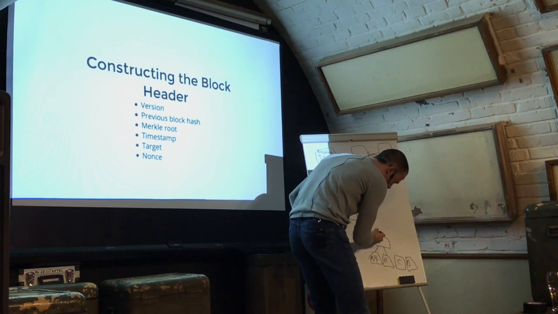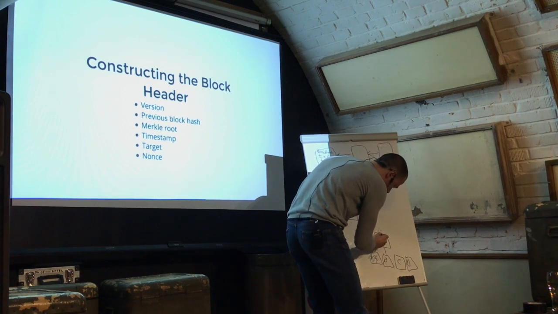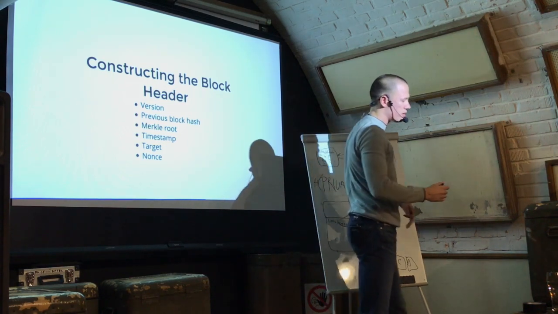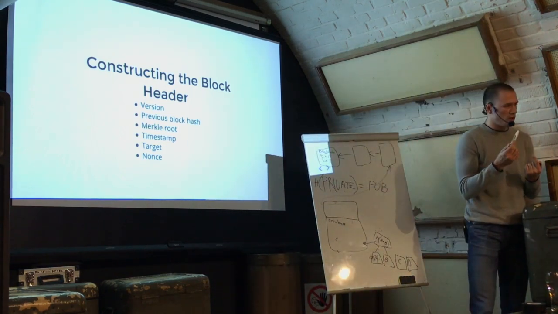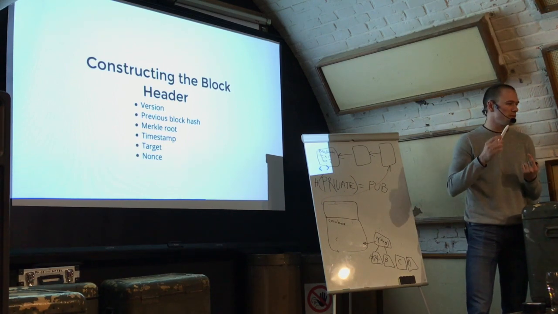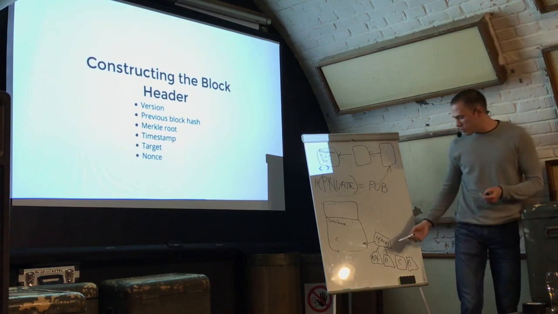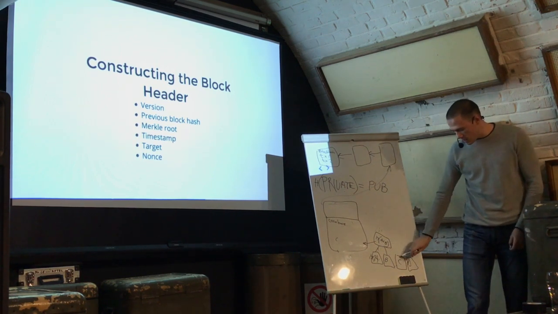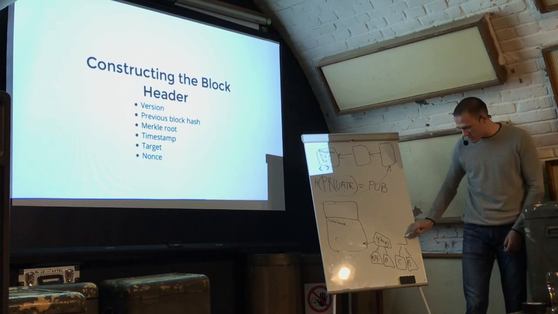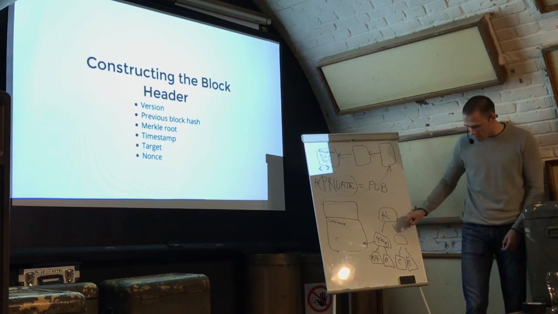Here we make a new node of this tree where we hash the hashes of A plus B. Because you know that for a hash function you can input any amount of data into it, and it will always be, at least for SHA-256, 32 bytes long. So here we hash A plus B, here we hash C plus D, and finally in the root we have one hash of all of those transactions under it.